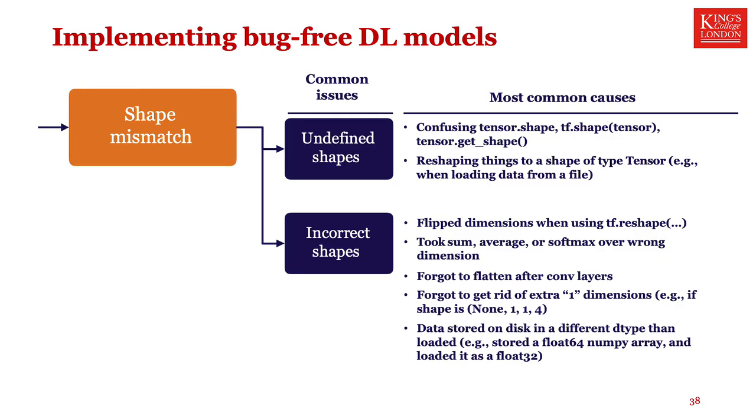For example, if you're flipping dimensions due to a reshape operation, if you take sums or averages or softmax along the wrong direction, you might end up with a tensor that is of the incorrect size. If you forget to flatten certain types of tensors after certain types of layers, if you need to get rid of some specific dimensions by squeezing a tensor along a couple of dimensions, or you might also have incorrect shapes due to data types, where data might be stored in one type and not be properly cast to a different type.